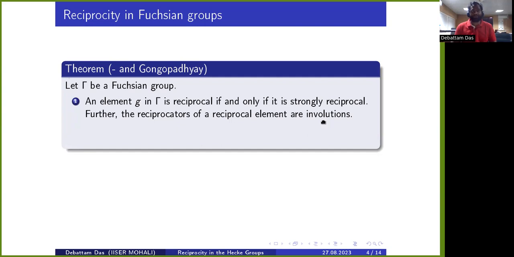So this is our first result for reciprocity in Fuchsian groups. Let gamma be a Fuchsian group. Then an element in that Fuchsian group is reciprocal if and only if it is strongly reciprocal. Further, the reciprocators for any reciprocal element are all involutions.